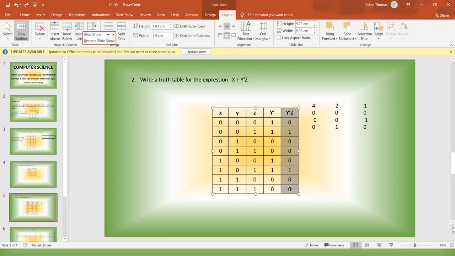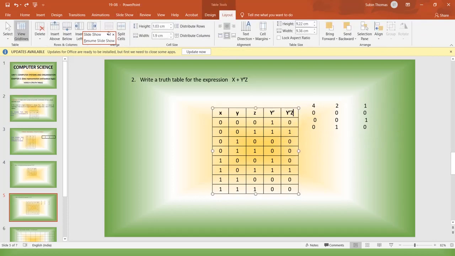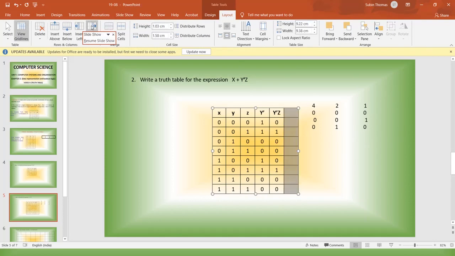These two columns you want to add, or logical addition you have to perform. So for that I am going to add one more column. See that one more column is added on the right side.